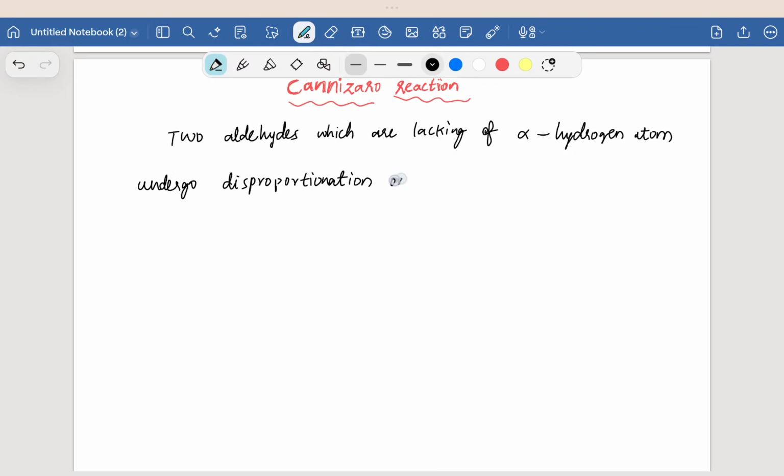It means oxidation and reduction are both taking place in one reaction.